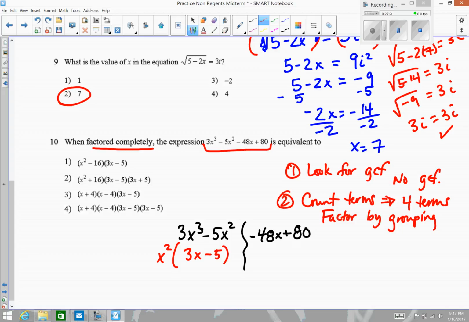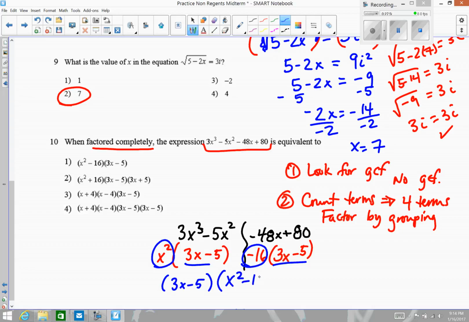GCF of my next 2 terms. Well, 48 and 80 have a common factor of 16. And I'm going to factor out a negative 16 so that I get a positive 3x minus 5. Since my binomials are matching, I'm going to write that binomial down. And x squared minus 16 is my other factor.